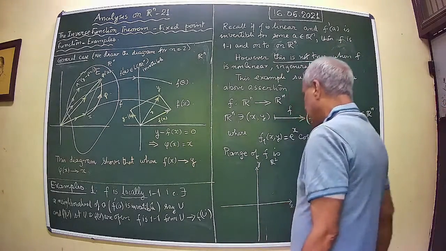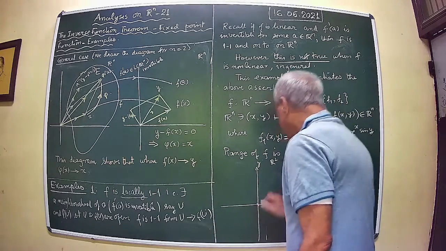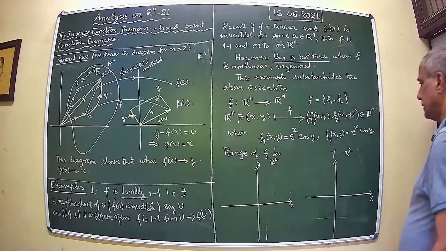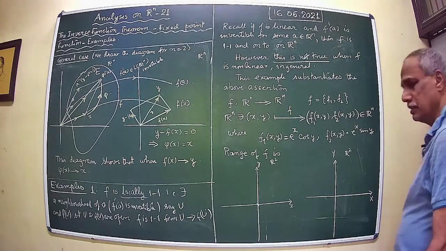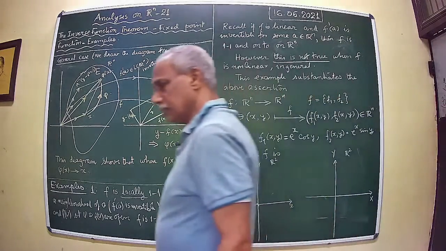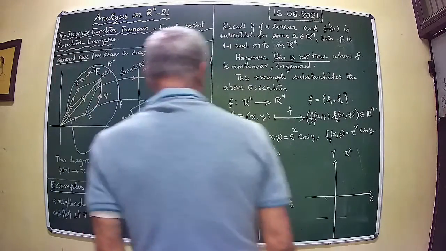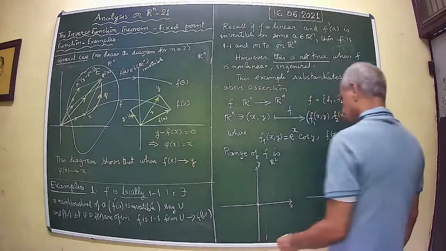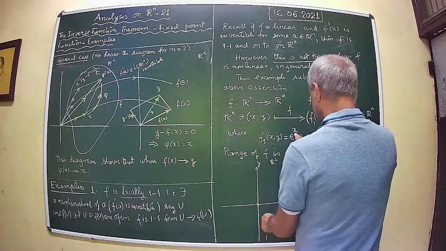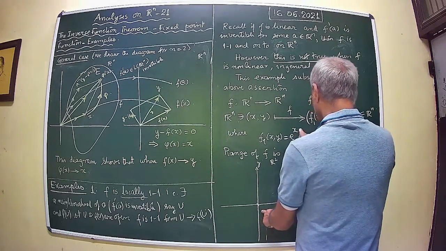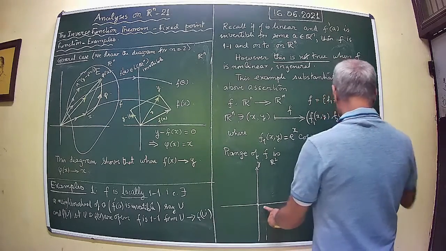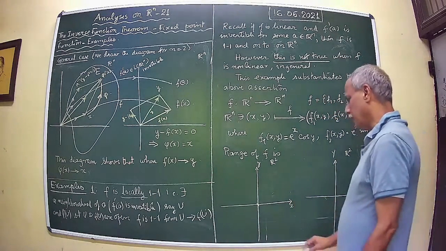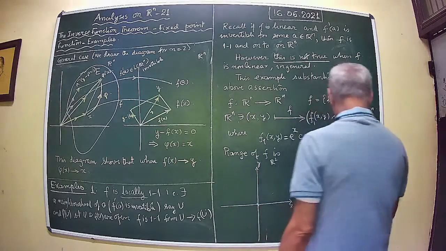So you see that 0, 0 gets mapped to the point, what is it? E to the power 0, cos 0 is 1, so it actually goes to 1, 0. So this point moves over to 1, 0.